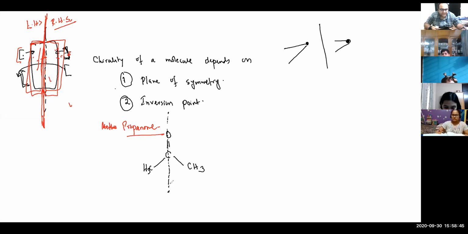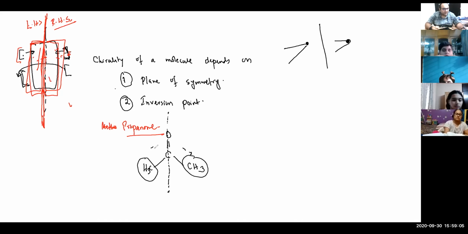If you have an imaginary line, what is on the left hand side? A CH3. What's on our right hand side? CH3.